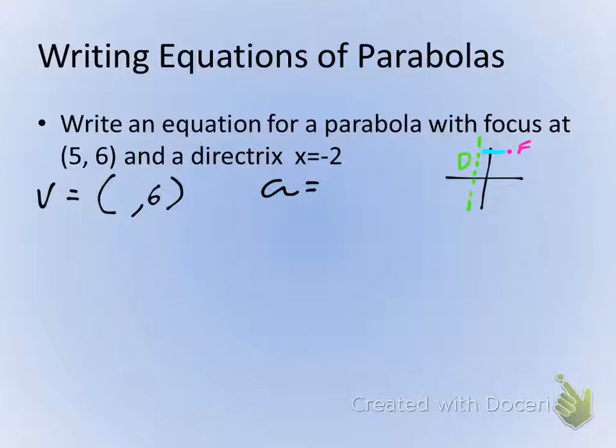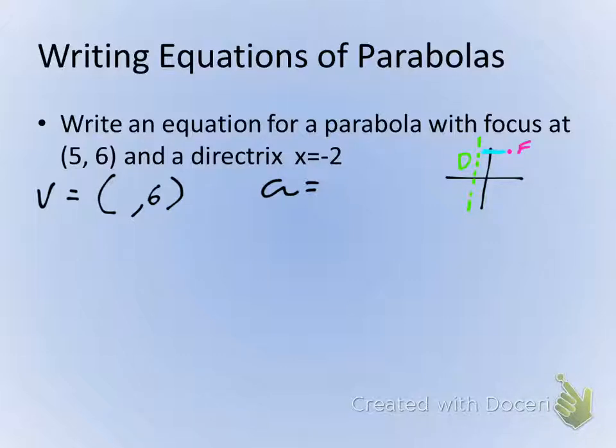Now we have two other pieces of information we can use. We have the x coordinate from the focus, and we know the value of the directrix. We're still missing 2 parts. That's fine, let's plug this in and see what we figure out.